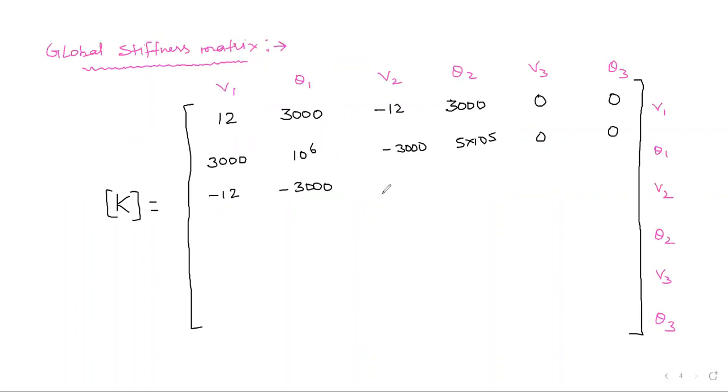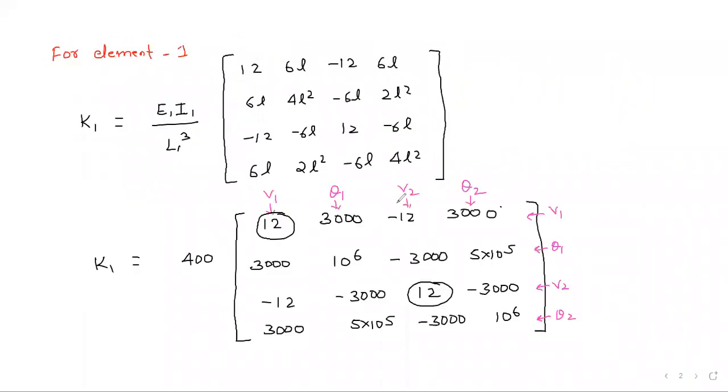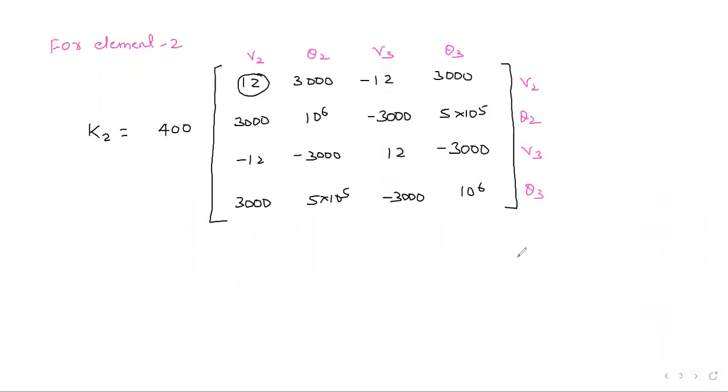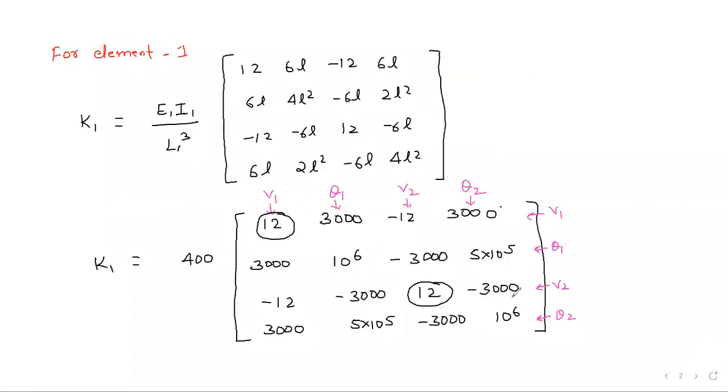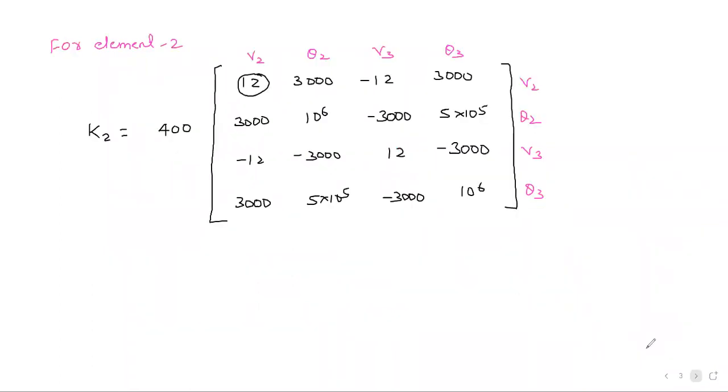Either you write 12 plus 12 or directly we can write 24, because 12 plus 12 will become 24. Again theta 2 V2. So theta 2 V2 will be in K1 also, and it will be in K2 also. See theta 2 V2 is 3000 here, and here the value is minus 3000. So minus 3000 plus 3000, the value is going to be 0.